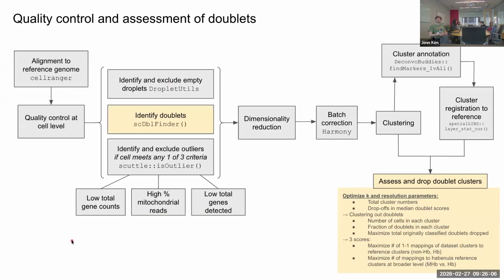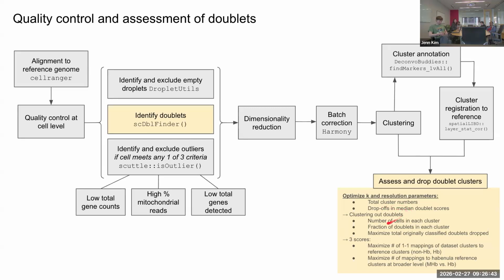So just to summarize, in terms of identifying and dealing with doublets, we identify doublets with ScDblFinder and obtain doublet scores at the quality control stage, and then further assess various metrics to optimize KN resolution parameters by looking at total cluster numbers, drop-offs and median doublet scores, as well as assess how these KN resolution combinations cluster out the doublets.